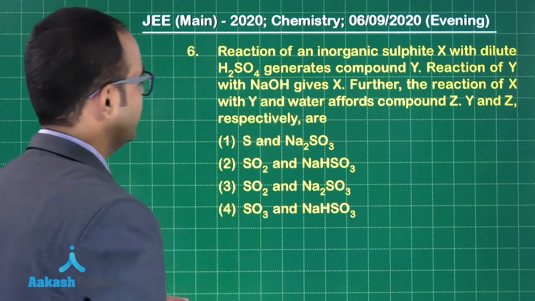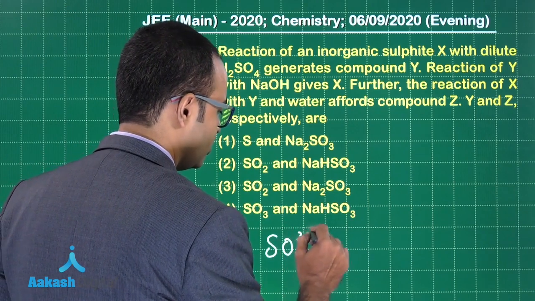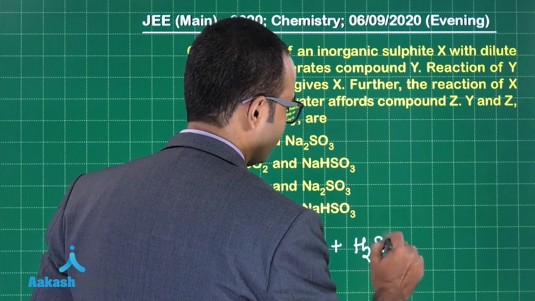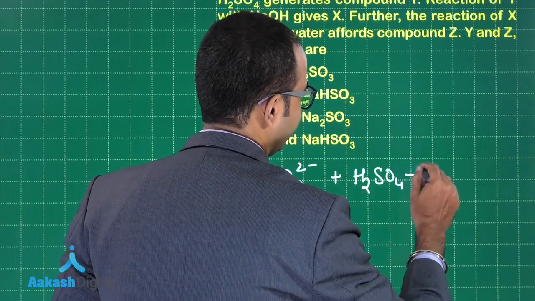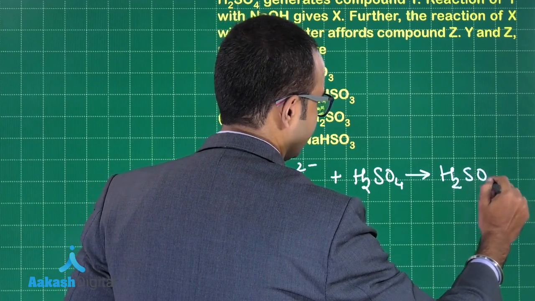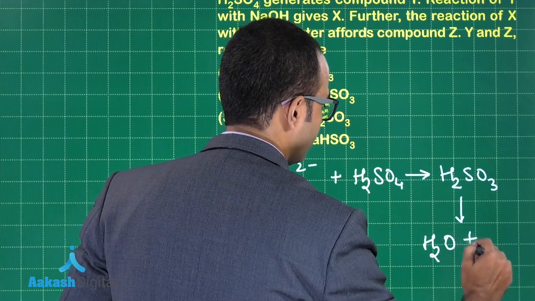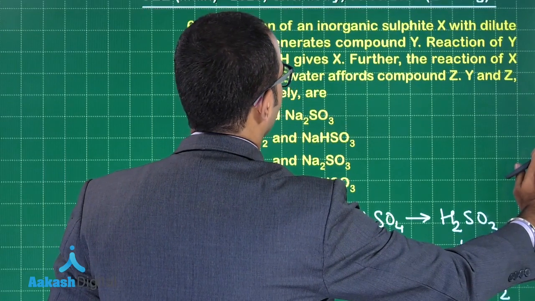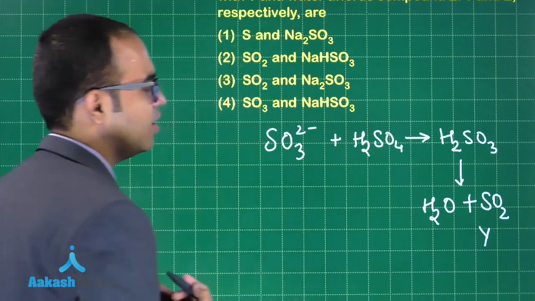So we have SO3 2 minus, and we are treating it with H2SO4. Okay, so what we'll get? We will get H2SO3. This will break further and give me H2O and SO2. So this SO2 is your compound Y, guys.